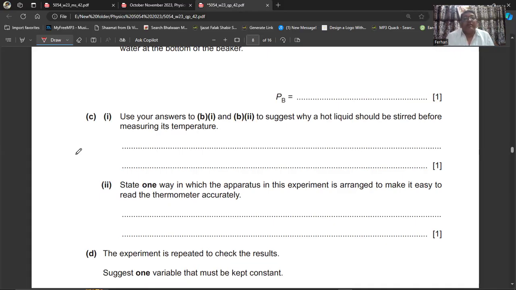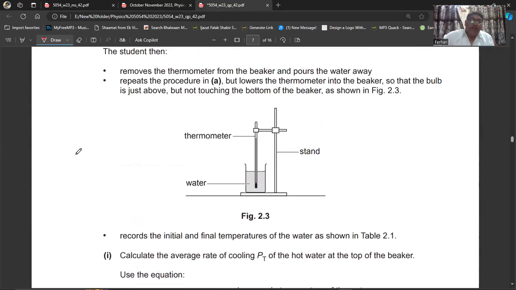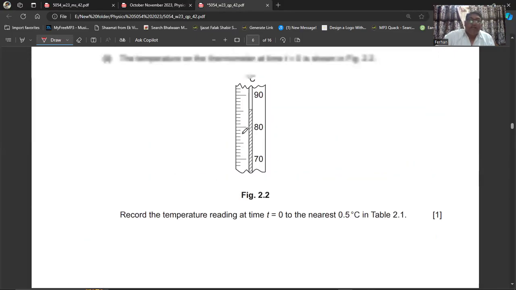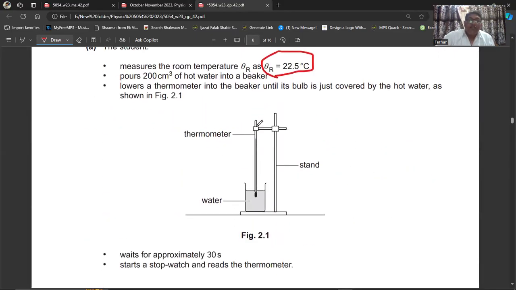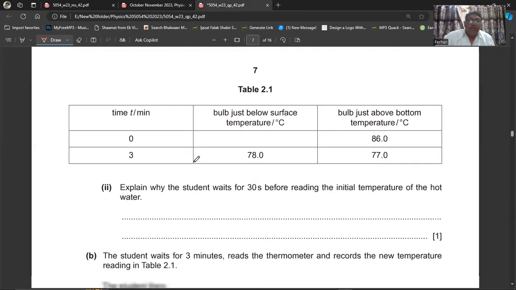State one way in which the apparatus in this experiment is arranged to make it easy to read the thermometer more accurately. If you look at this diagram, you see the reading is quite near to this clamp. Even in this diagram, the reading is quite near to this clamp.